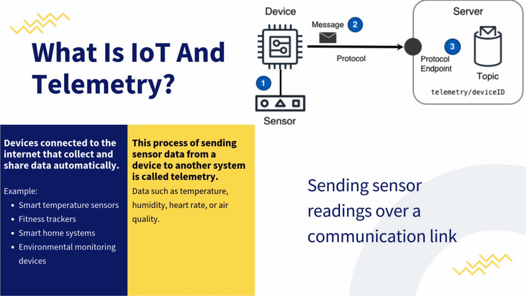These devices often send data such as temperature, humidity, heart rate, or air quality. This process of sending sensor data from a device to another system is called telemetry. In simple terms, IoT telemetry means sending sensor readings over a communication link so that the data can be monitored remotely without human intervention.